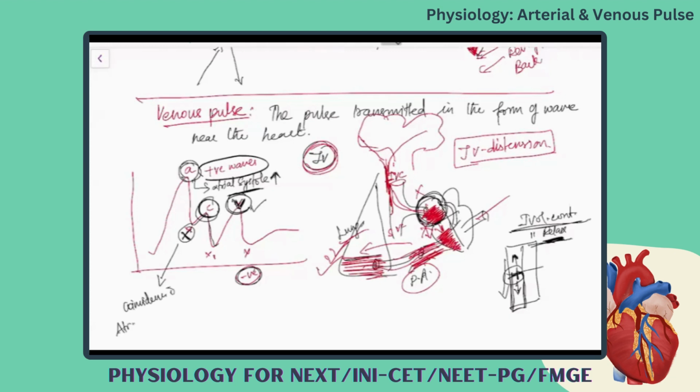with the atrial diastole and the beginning of ventricular systole. See, all these arterial pressure, venous pressure, ECG, and heart sounds bring the cardiac cycle story into the scenario.